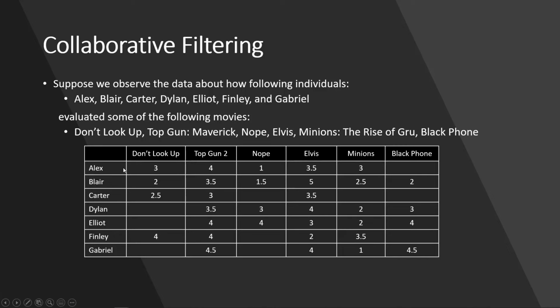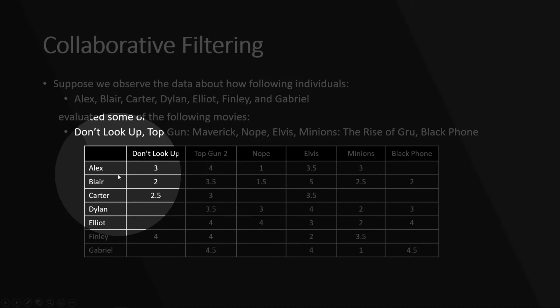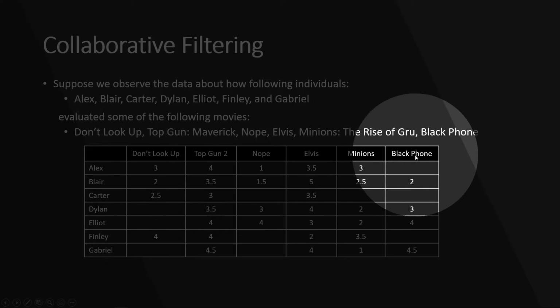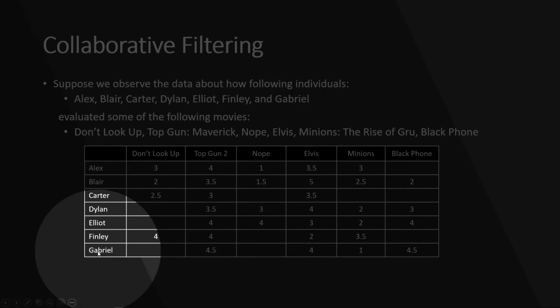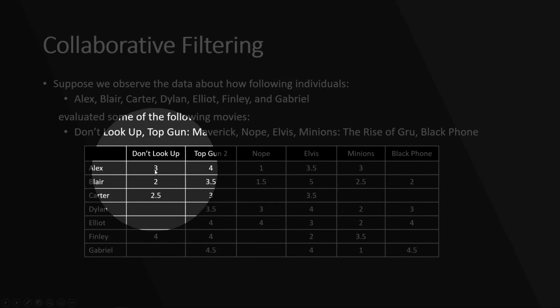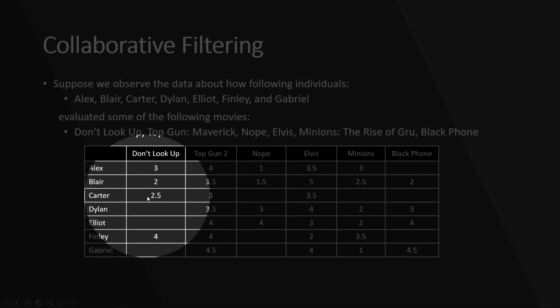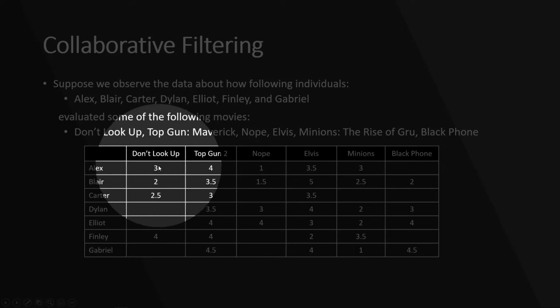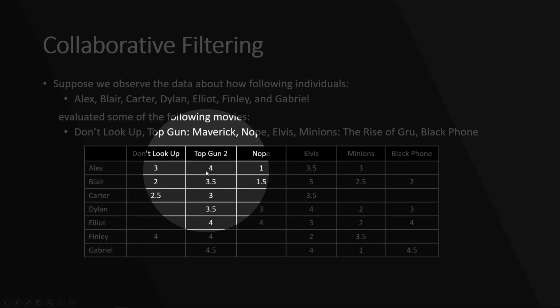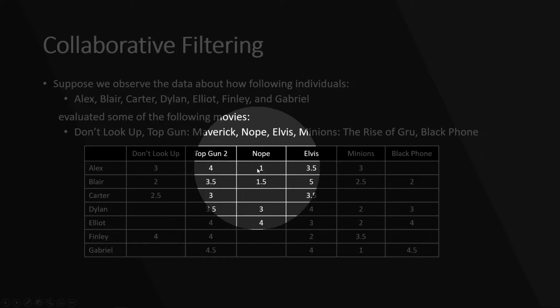As you can imagine, this table can become much larger by having millions of users and thousands of movie titles and TV shows. So in this table, we have the movie titles here and the consumer names here. In the cross, each one of these numbers is a consumer's rating of a specific movie. For example, this number 4 here is Alex's rating of Top Gun Maverick, and 1 is Alex's rating of Nope.